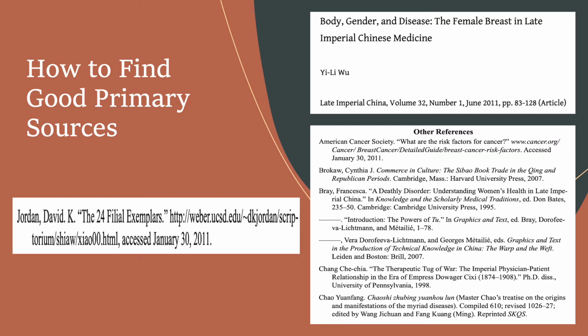Also, because this course is just a one-semester project, we don't have the time or the money to travel to distant locations to do in-person research in actual buildings like libraries or archives. So we're going to be looking online for our primary sources.